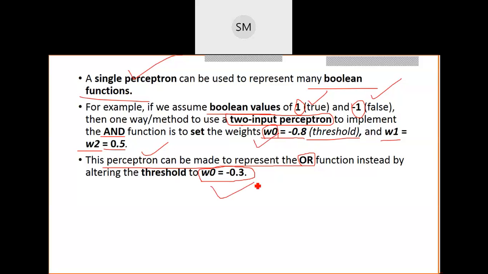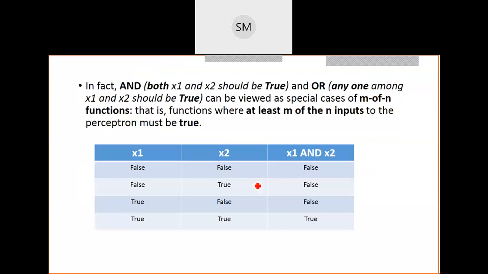Okay. So similarly, let us see the truth table of this AND operation. If your first input is x1 and the second input is x2, then apply the AND operation on both of these inputs, x1 and x2. This is nothing but the truth table of the AND operation.